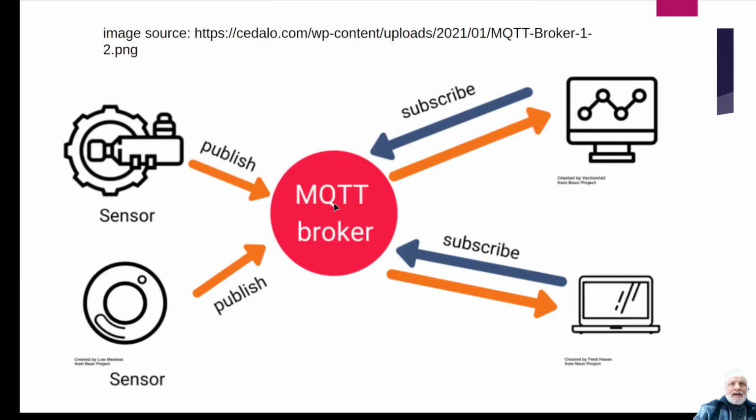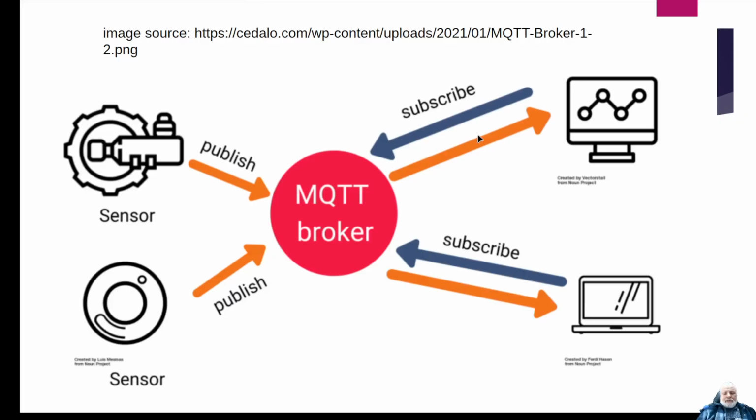Devices can subscribe to the broker when they want information on particular topics. They have to subscribe to each topic that they're interested in, just like you might subscribe to a magazine or a newsletter. And then when information is published to that topic, the broker will pass that information on to everybody who is subscribed.